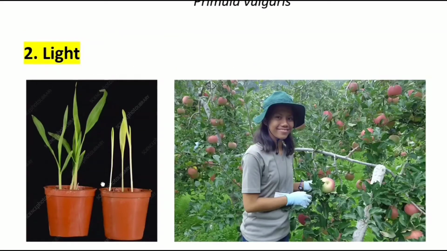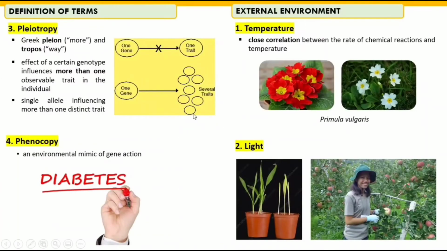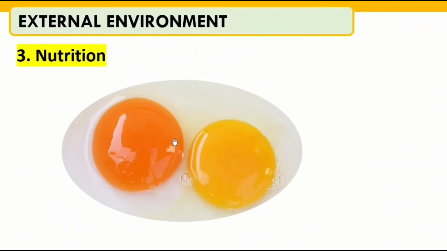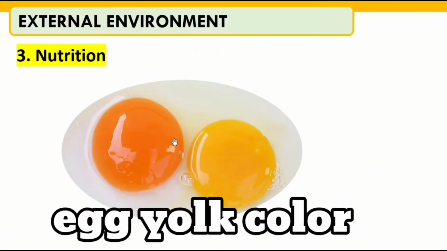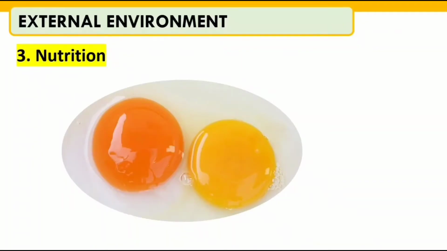And then let's proceed to nutrition. Okay, we have an example here. It's an egg yolk color. Okay, so yung nutrition. What does nutrition play in the expression of a phenotype for a particular trait?